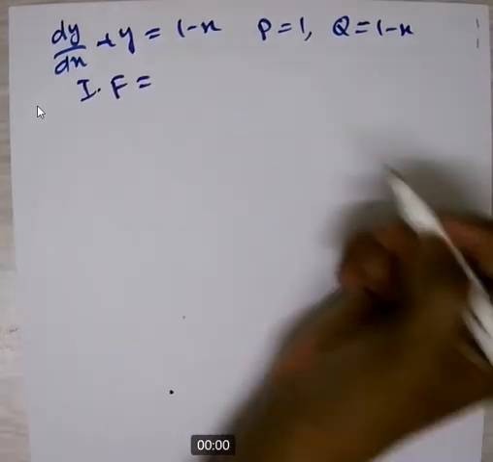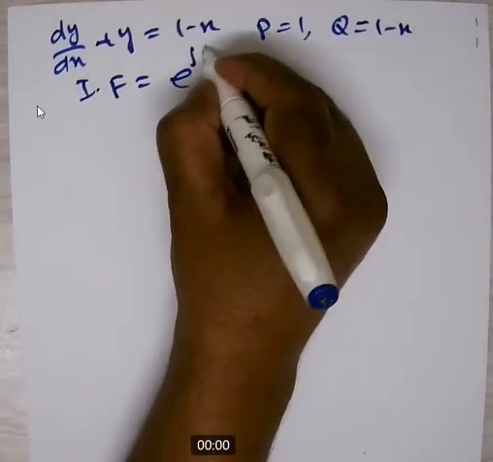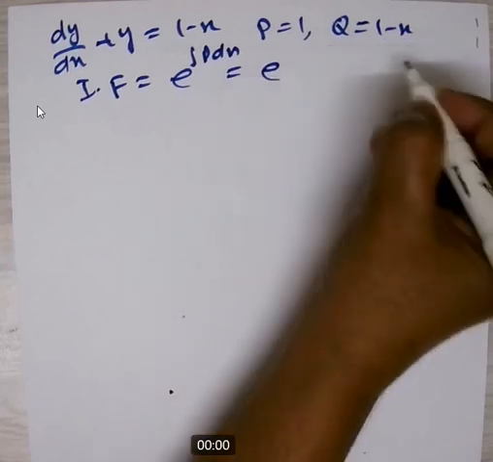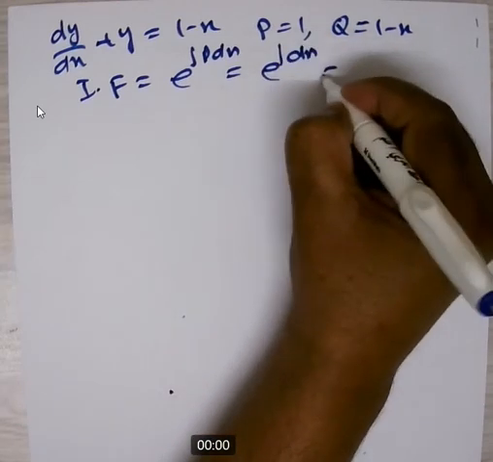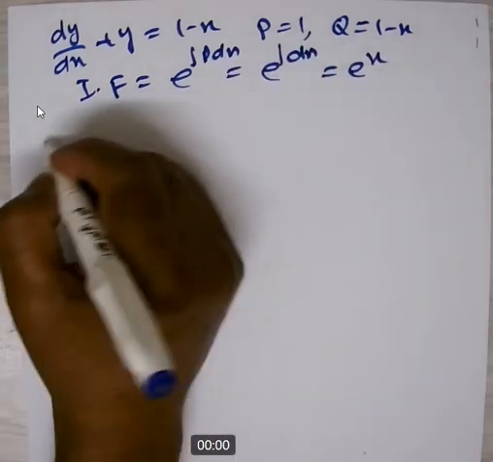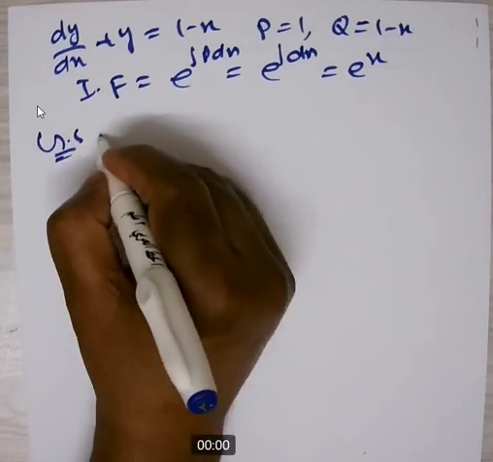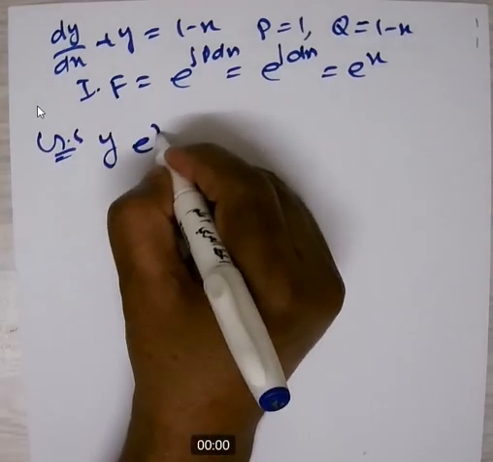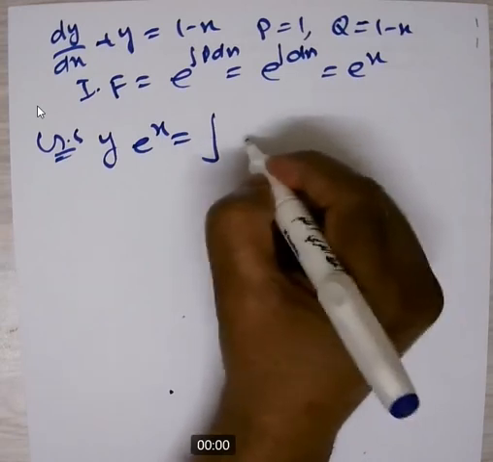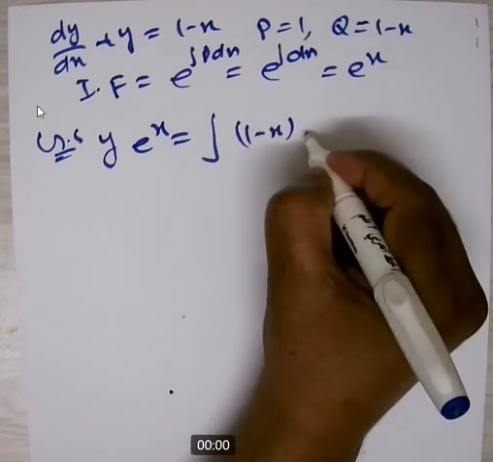Therefore the integrating factor is e power integral of p dx, which means e power integral of 1 dx. So it is e power x. So the general solution is y times the integrating factor equal to integral of q times the integrating factor dx plus c, where q means 1 minus x.